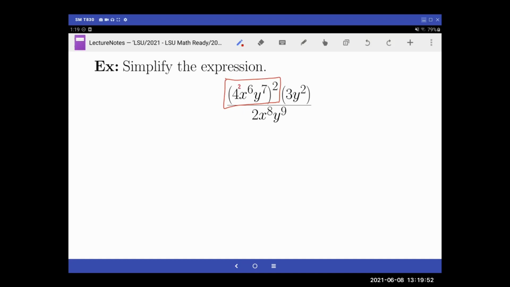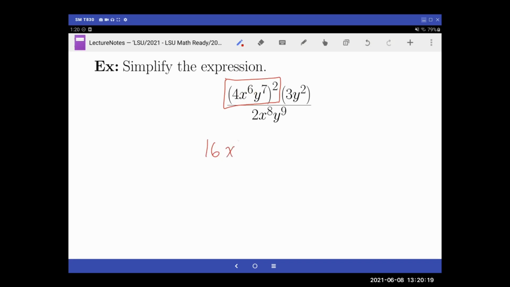So this is 4 squared, x to the 6th squared. And laws of exponents just say you multiply those together. And y to the 7th squared. Okay, and so let me just move all that away. In the grand scheme of things, all that means is you have 4 squared, which is 16, x to the 6th squared, which would be x to the 12th.